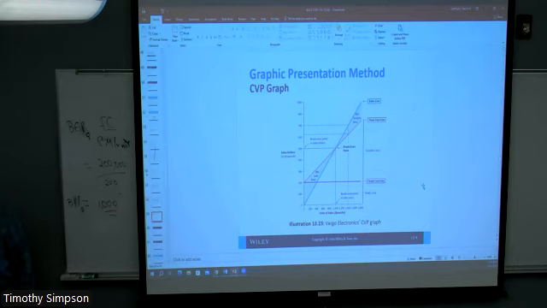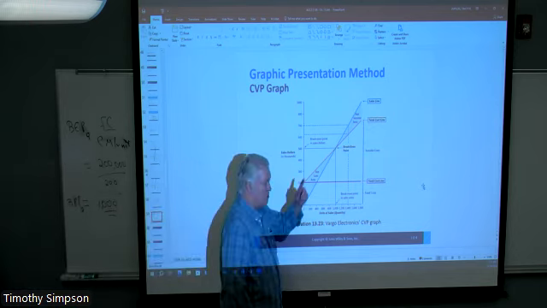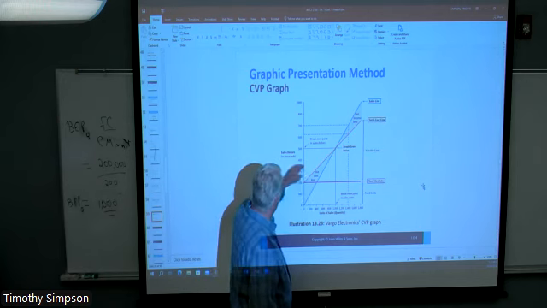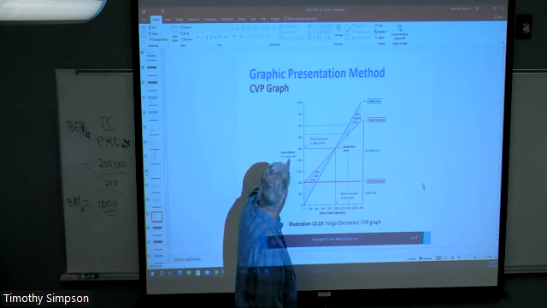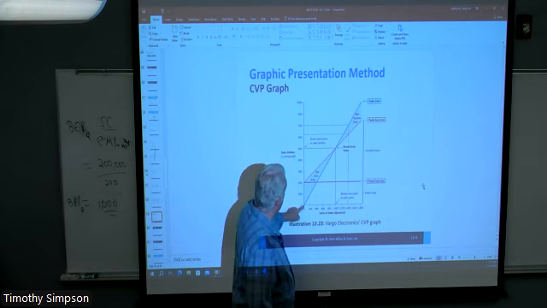All right, and then the final technique is a graphic method. I kind of like this because it's just interesting. It's the same Vargo Electronics example. The break-even point in sales dollars, in thousands, is 500,000 here. And notice what's going on here.